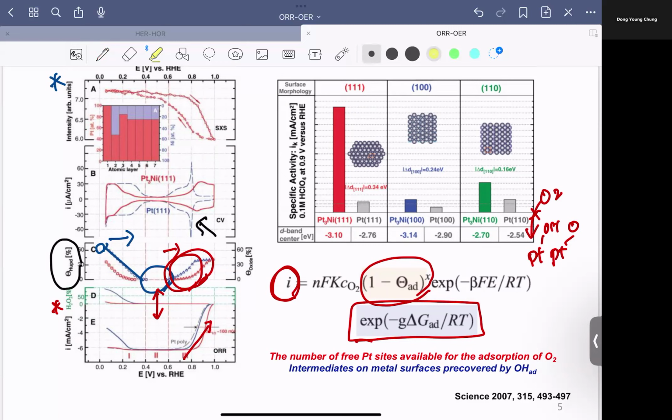So this study clearly shows that the number of free platinum sites available for the adsorption of oxygen is the key to get the activity, right?